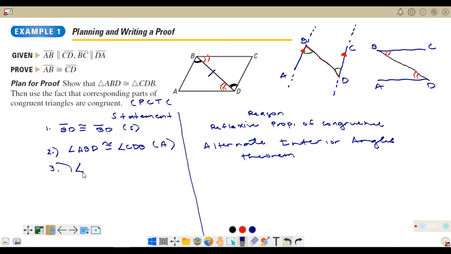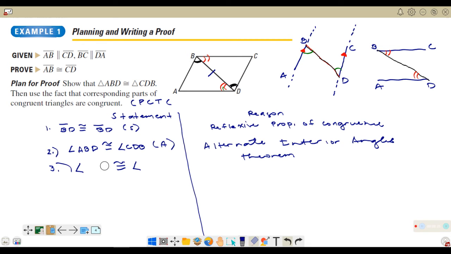Here we have angle CBD is congruent to angle ADB.